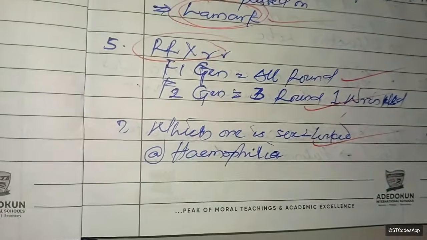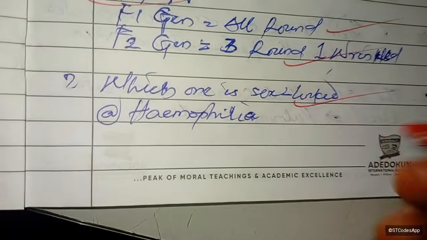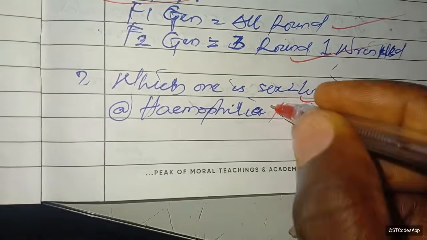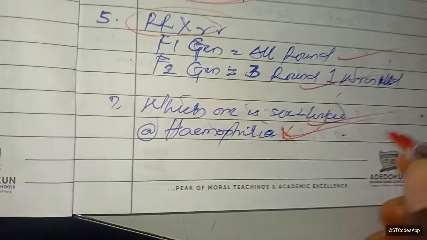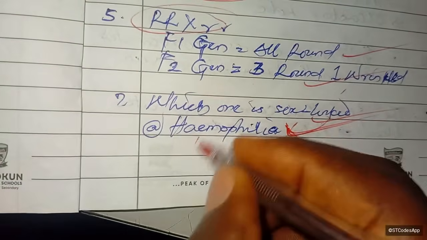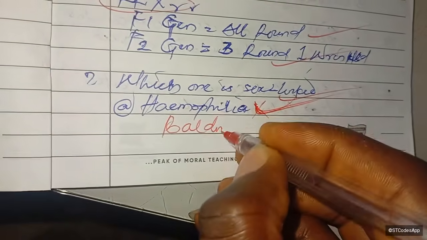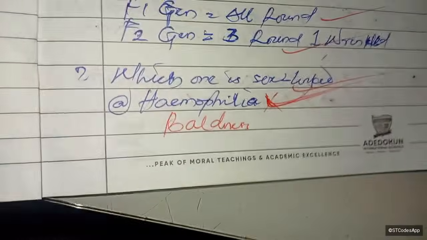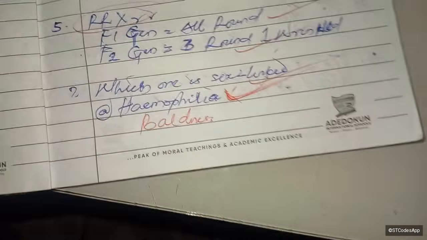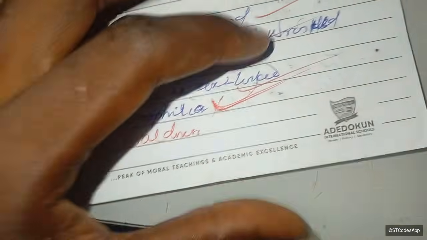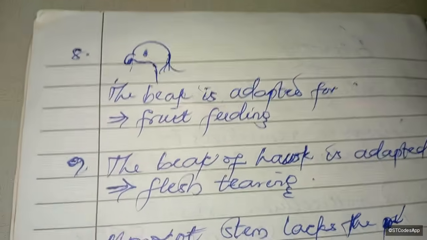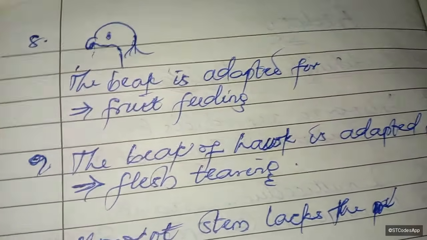Now, which of these is a sex-linked genetic trait? The answer is hemophilia. Hemophilia and baldness, they are sex-linked. Color blindness, sex-linked. Exactly. Now, the next one, I said there was a diagram like this, and this beak that is shown here, what is it adapted for?